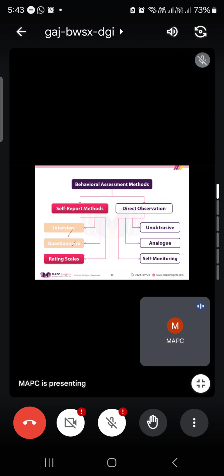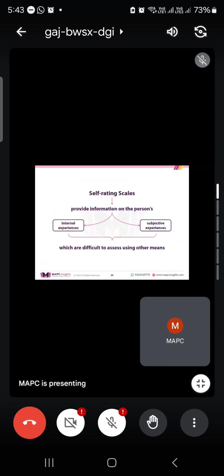The third one is a rating scale. So, the self rating scale. We will rate ourselves only, and this provides information on a person's internal experiences and subjective experiences.